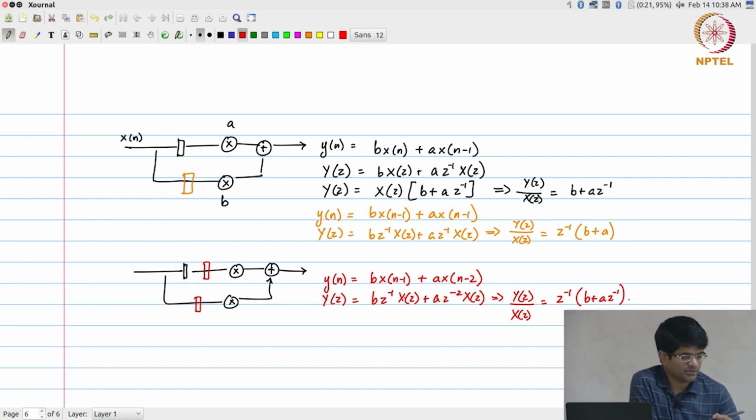Now you can see more clearly why the first one and the third one are the same, because multiplication by z inverse is just delaying something in time. All samples are delayed uniformly by one sample period. It does not otherwise change the nature of the transfer function.